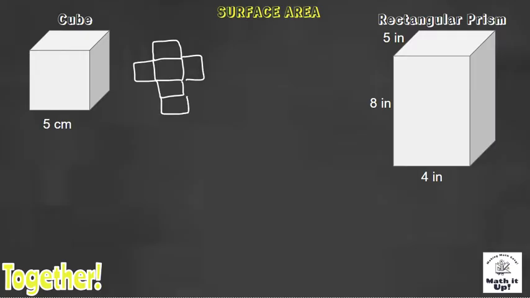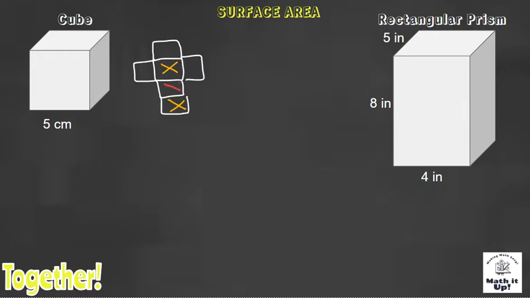As we look at these, we know that in a cube, everything is going to match. But in any rectangular prism, we can talk about the fact that the top and the bottom would have the same size.